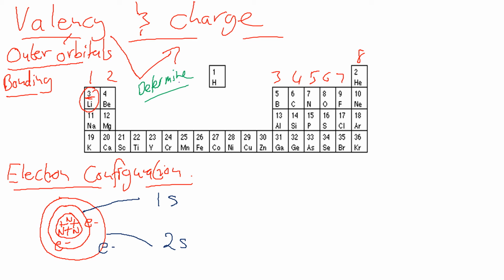And a rule with these s orbitals is that they can only possess 2 electrons. Now, as we can see, lithium has space for another electron to be present in the second orbital.